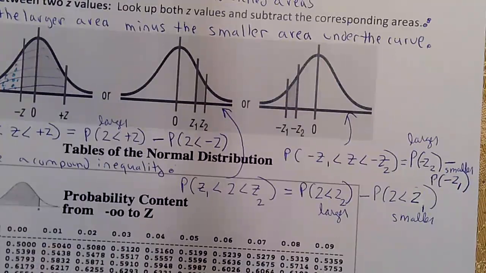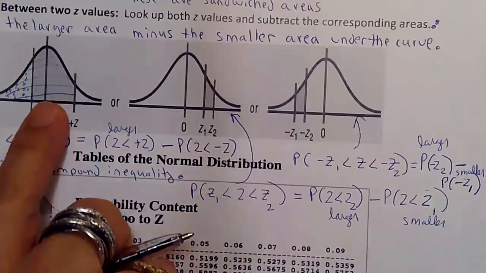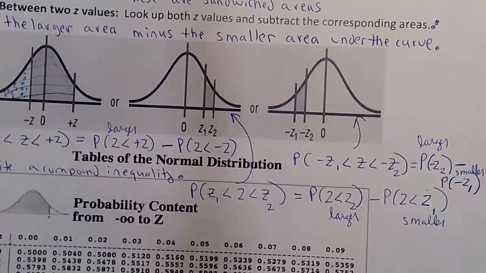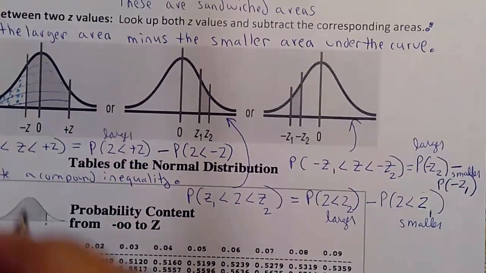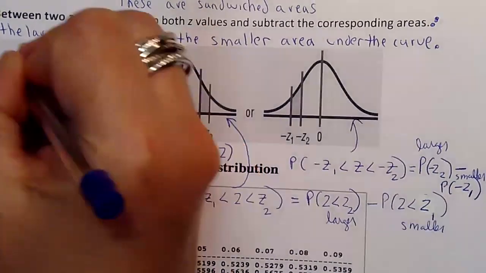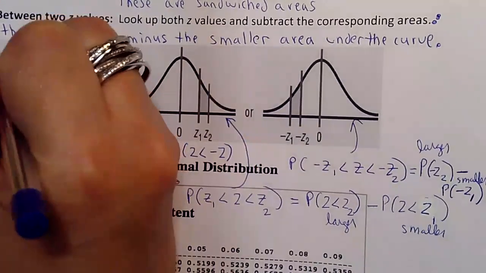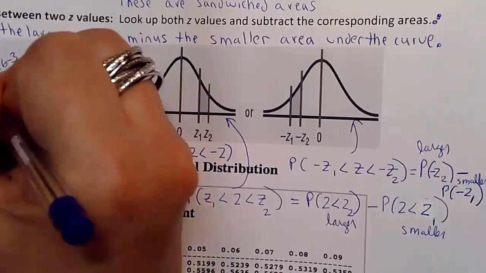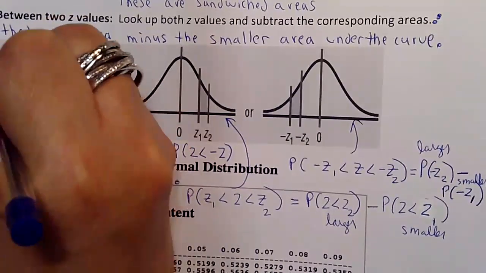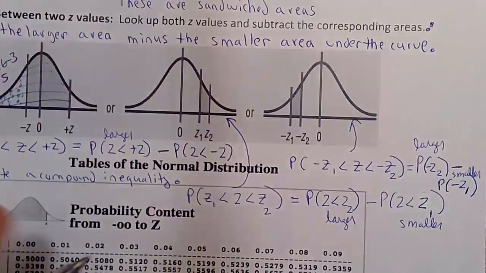They're all subtraction, the larger area minus the smaller, but it looks like this one you would do example 6.3 from page 145.